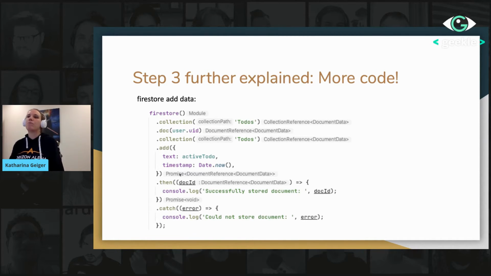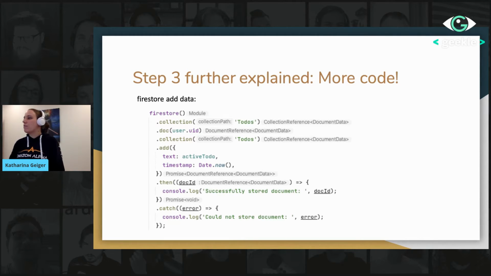And then we add some document to this collection, which in this case is the text of the active to-do, so the thing I put in that input field, and the timestamp. Yeah, and then we can do something else. When this is done, for example, we can console log the success and we can catch the error again. Okay, so this is very, very simple as well.